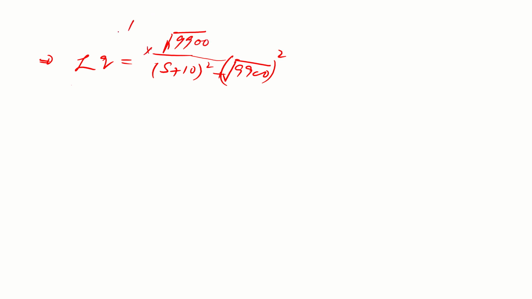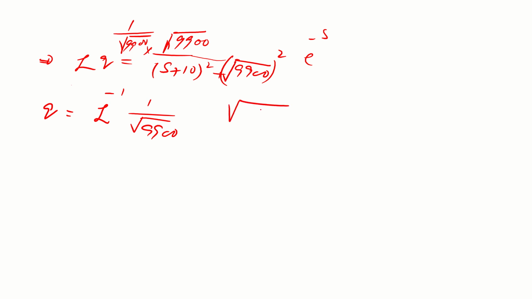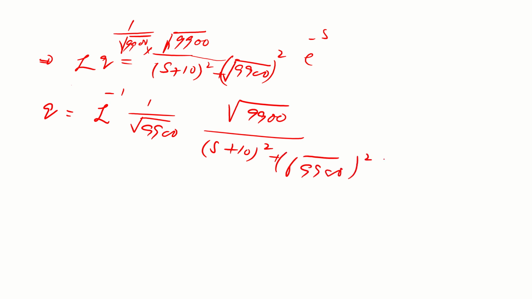So we'll do the same thing here as well, with e power minus s. We are interested to find Q. So Q is the Laplace inverse of 1 over under root 9900, into under root 9900 over s plus 10 square plus under root 9900 square, e power minus s.